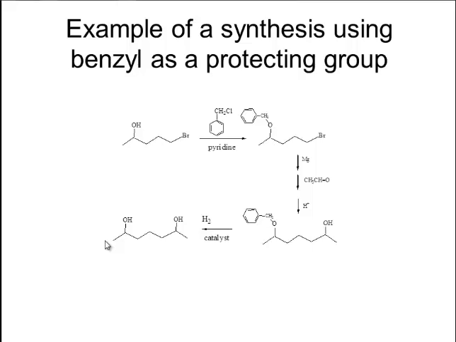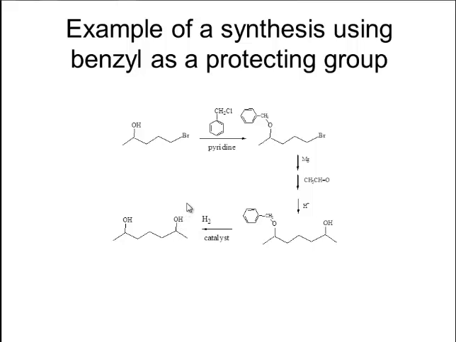Now if we do the hydrogenation of the benzyl ether, it removes the benzyl group. Toluene goes away as a byproduct, and we end up with the OH group. This OH group that we originally had in the molecule is reformed. So in essence, we're making this molecule into a Grignard and adding the CH3CHOH onto it.